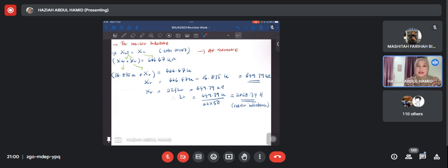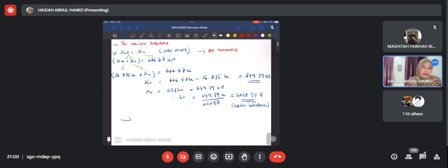So you dapat 649.79. Please calculate again in case saya buat mistake dalam tekan calculator and everything, sebab saya belum buat last minute tadi. And then once you dapat XR, which is the inductive reactance for the reactor. Tapi dalam soalan, in your question, they ask for inductance. So from here, convert lah kepada L. By, apa formula dia?